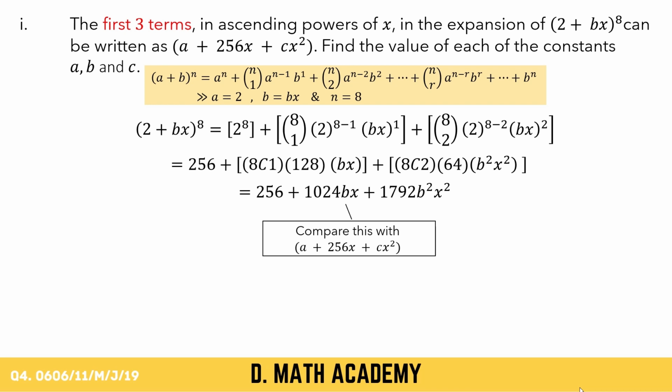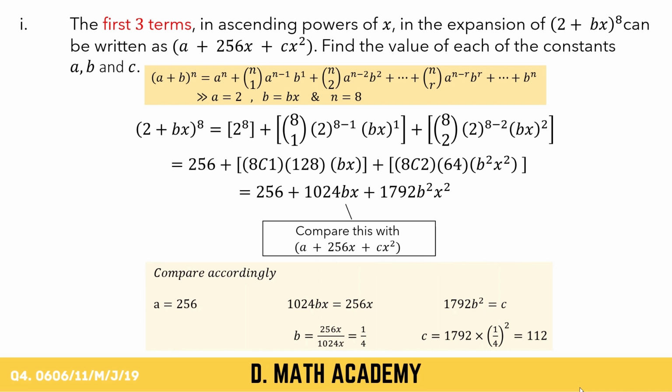So those without x here is a and 256, hence your a will be 256. Whereby for the 1024bx is being compared to 256x. So your b will be 256x divided by 1024x. You will get your final result as 1 over 4.